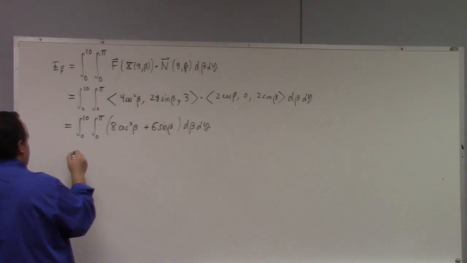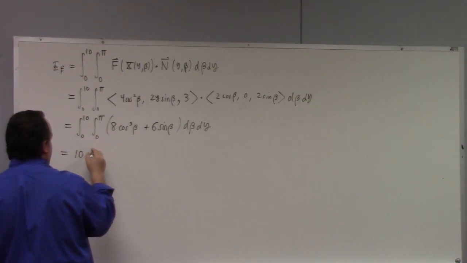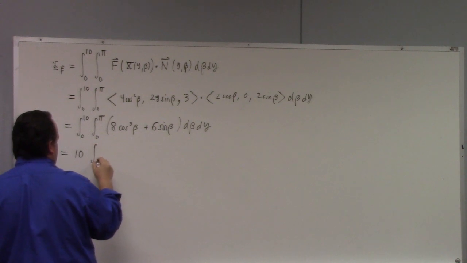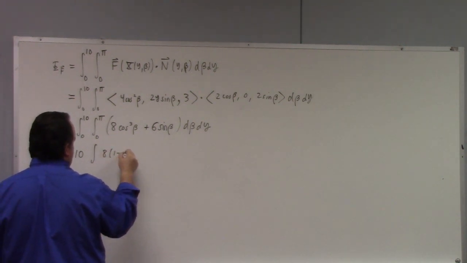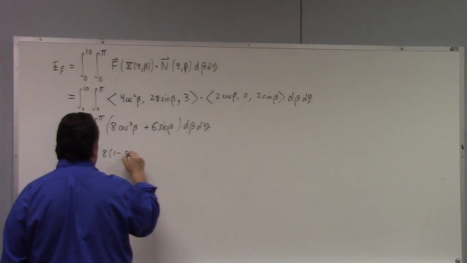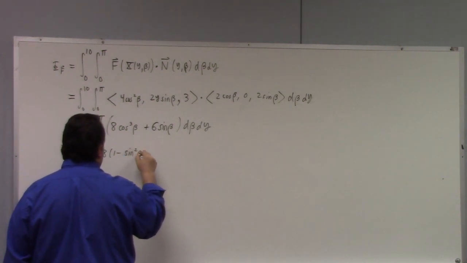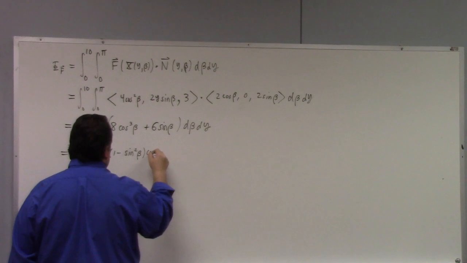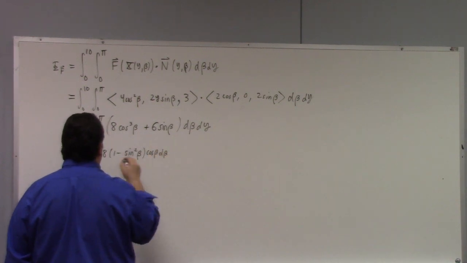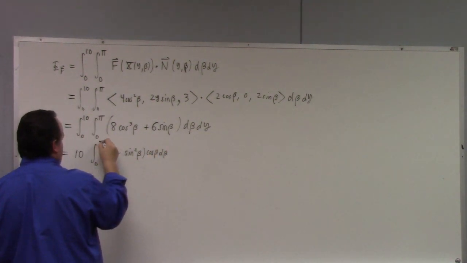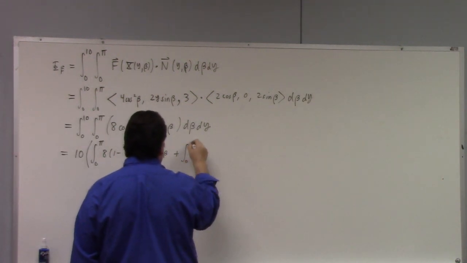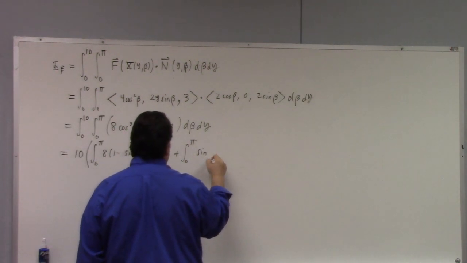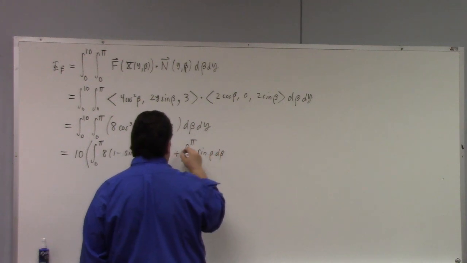In other words, I can just multiply by 10, and then I'm up against the integral of like 8 times 1 minus sine squared beta, cos beta, d beta, 0 to pi, plus the integral from 0 to pi of sine beta d beta times 6.